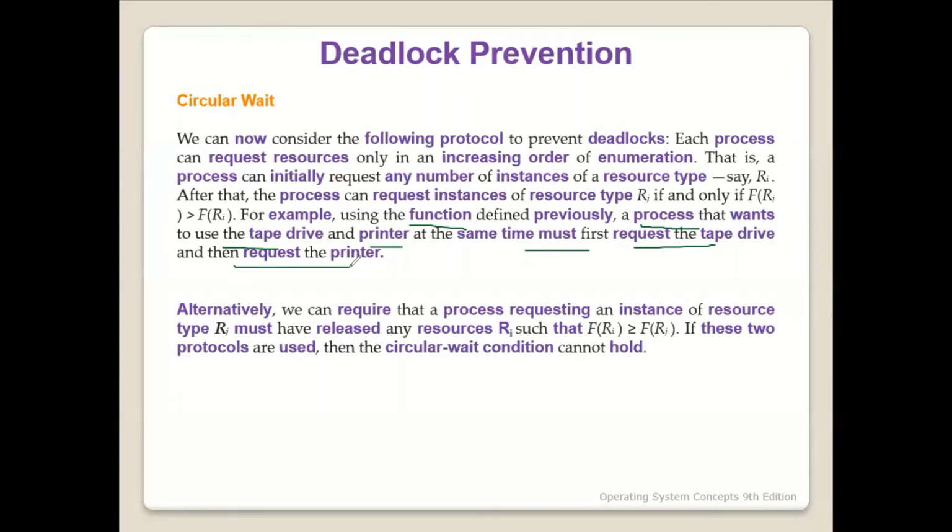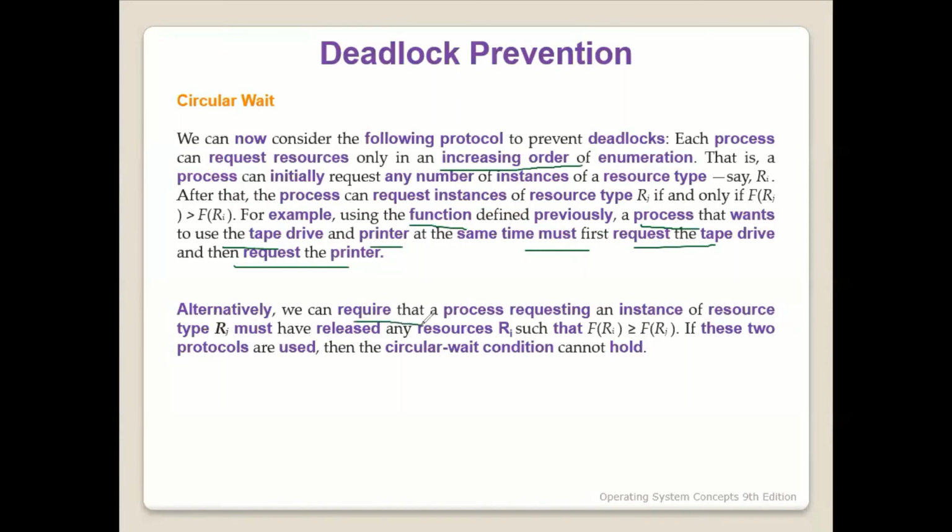For the printer, we have 12 instances, so it can be requested later. Do you get the idea? The request has to be only in increasing order. The resource which has the smaller number of instances has to be requested first, then the resource which has more instances later. Okay, that's the idea.